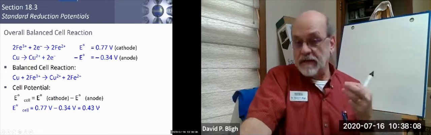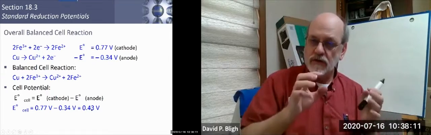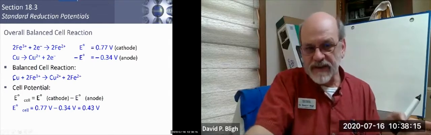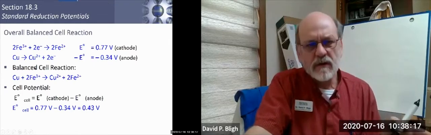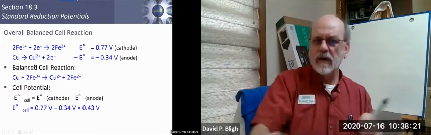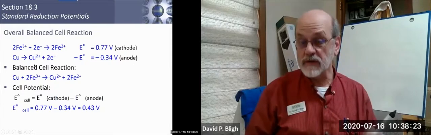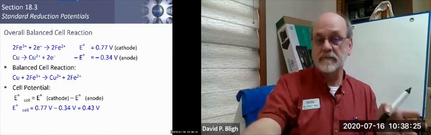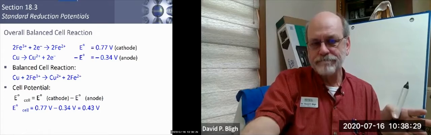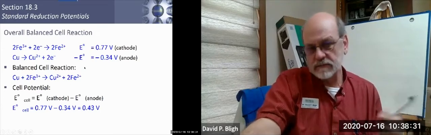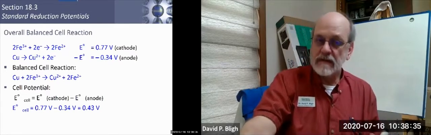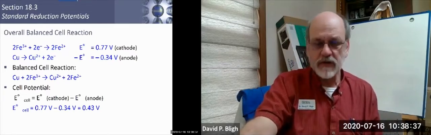Now, this voltage is under standard conditions, where these ions here and here and here are all 1 molar concentration. And of course the solids, they don't change concentration. And we have no gases, so pressure doesn't matter.